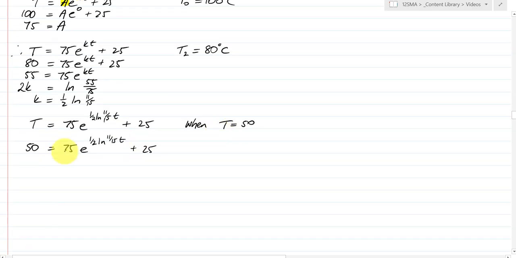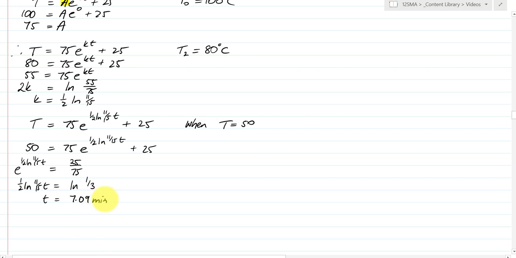I subtract 25 and divide by 75, and I get e to the half log 11 over 15 t equals 25 over 75, because I've subtracted 25 from 50, which is 1/3. So I get a half log 11/15 t equals log of 1/3, and then t equals log of 1/3 divided by a half log 11/15, and that's equal to about 7.09 minutes.